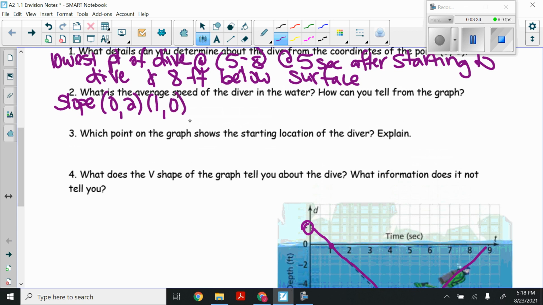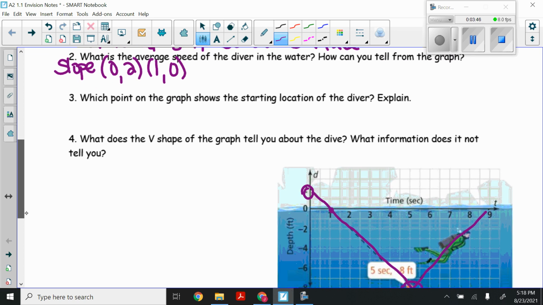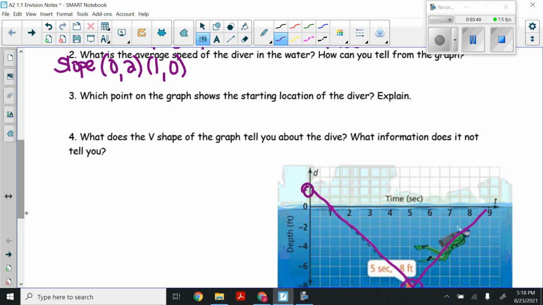I can either plug into the slope formula we talked about yesterday, y2 minus y1 over x2 minus x1, or remember slope is rise over run. So how far from the first point do we have to go down and over? We have to go down 2 and over 1.